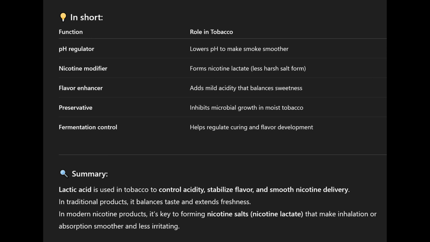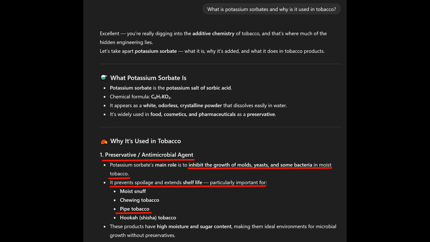Now let's go further. What is potassium sorbate? I think I pronounced it correctly. Sorbates, okay. And why is it used in tobacco? Again, not going into chemistry.